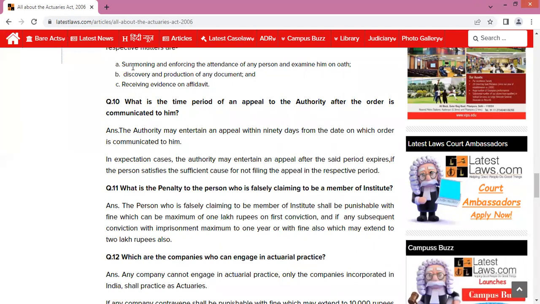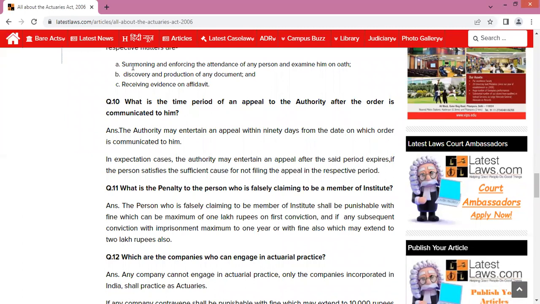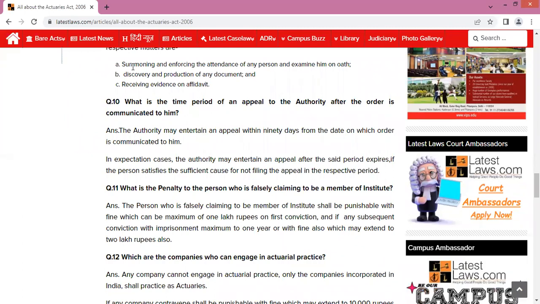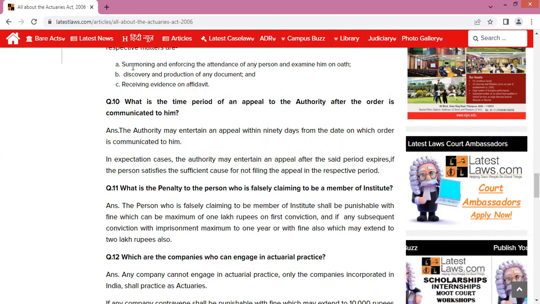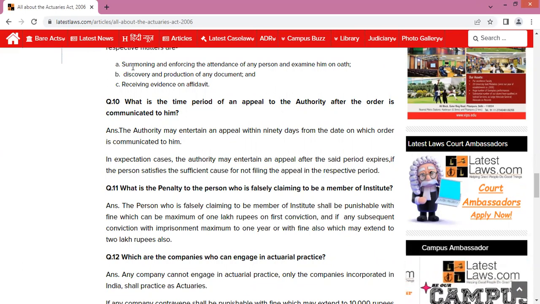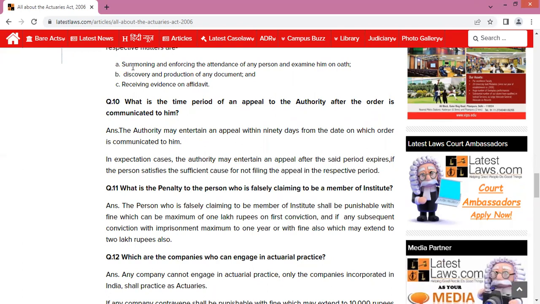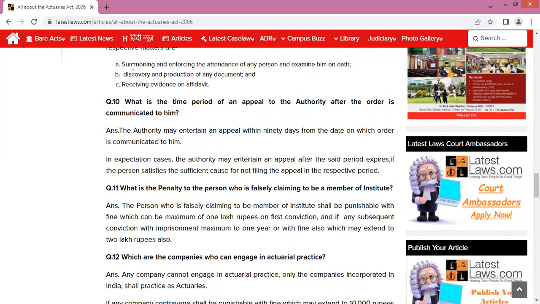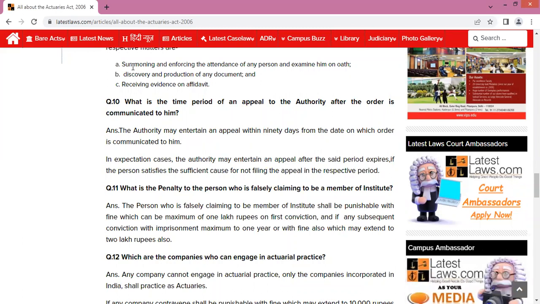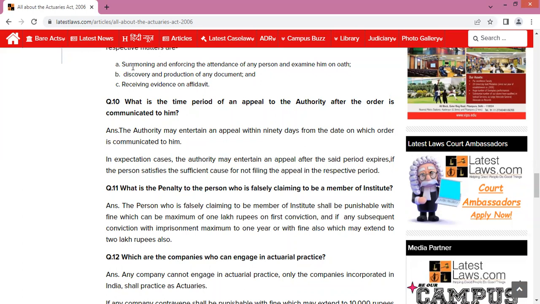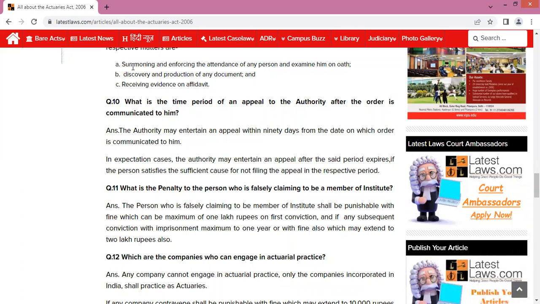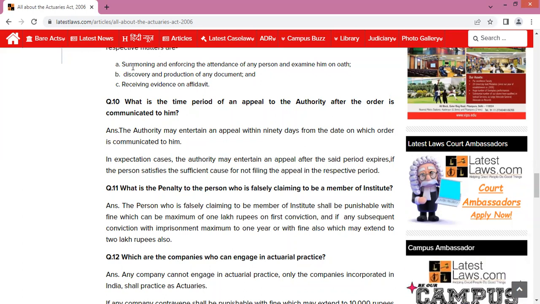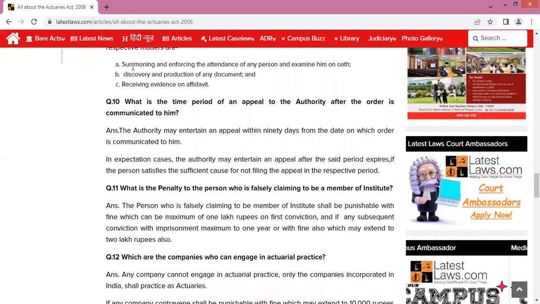If you are forced to pay as a member, if you are not fulfilling any kind of responsibility, what fine should you pay? The person who is falsely claiming to be a member of the institute shall be punishable with a fine which can be a maximum of 1 lakh rupees on first conviction, right? And on any subsequent conviction, with imprisonment up to 1 year or with a fine which may extend to a lakh rupees also, right?